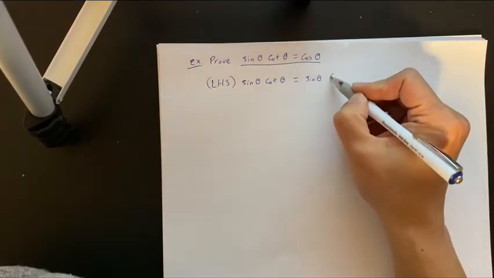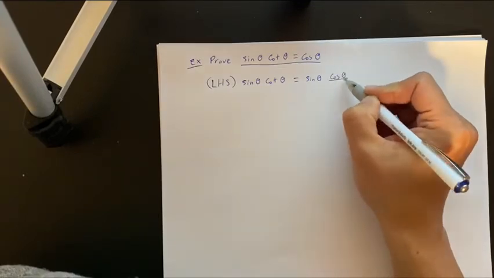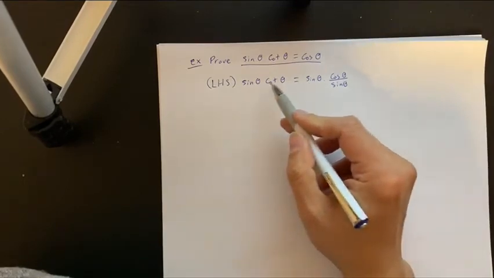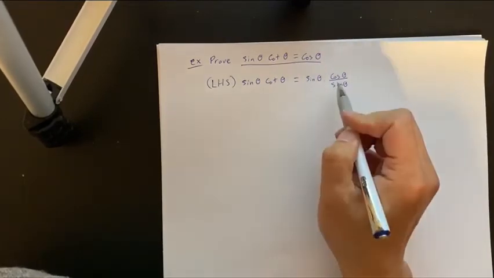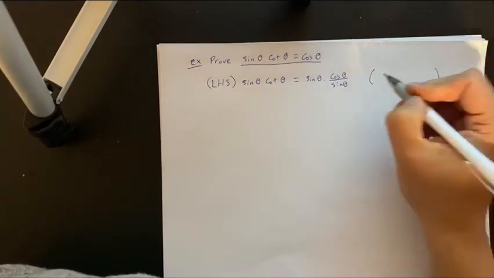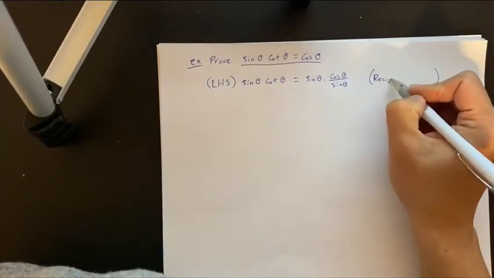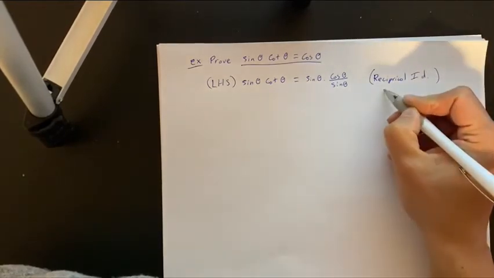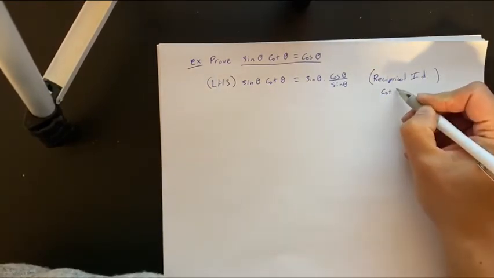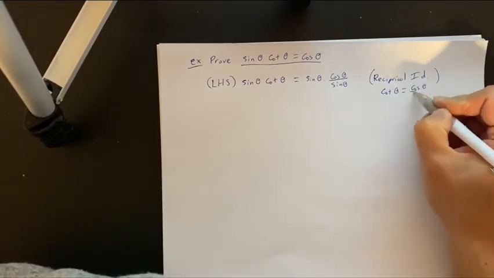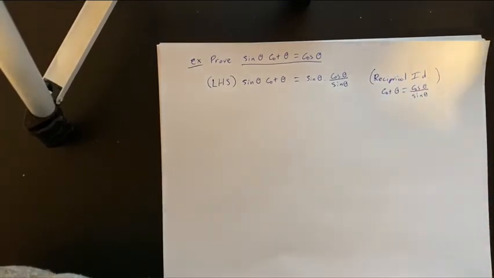So cotangent will be cosine of theta over sine of theta. So here I applied an identity, and the identity would be the reciprocal identity. And it's the identity where cotangent of theta is equal to cosine of theta over sine of theta.